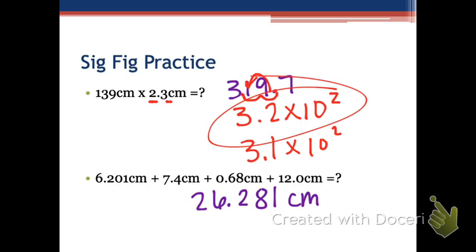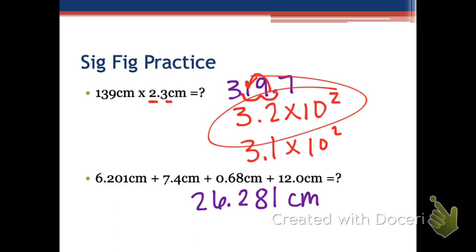All right, good. Second one. Allison, tell me what needs to happen on my second one? Least decimal place. Very good. For addition and subtraction, I look at fewest number of decimal places. So out of my 4 measurements, first, second, third, or fourth, which has the fewest decimals, or which is the least precise?